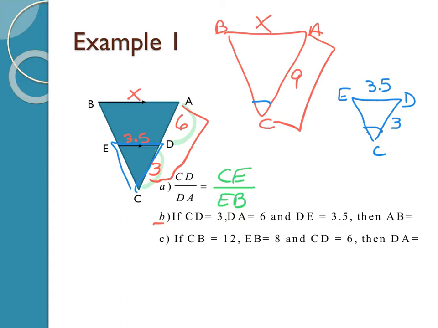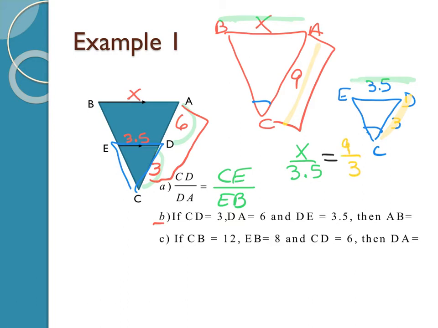So let's go ahead and set this up. I'm going to do this side of the triangle and this side. So x over 3.5 is equal to this side and this side. So 9 over 3.